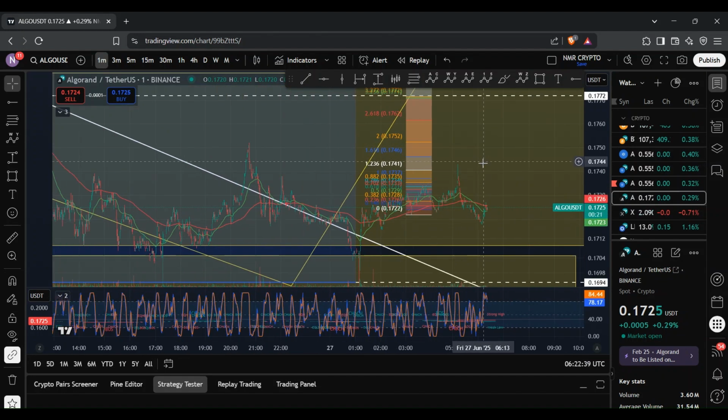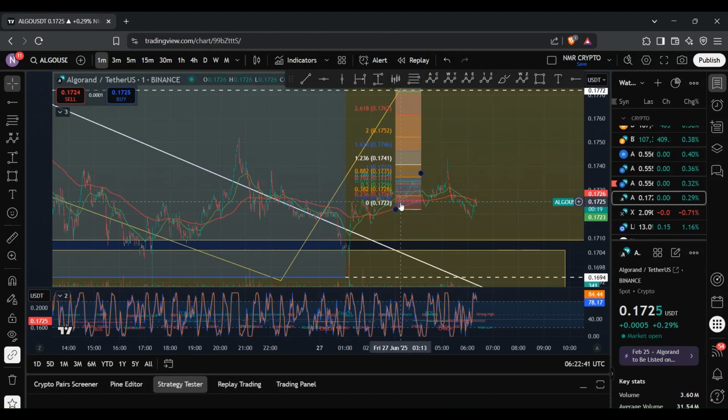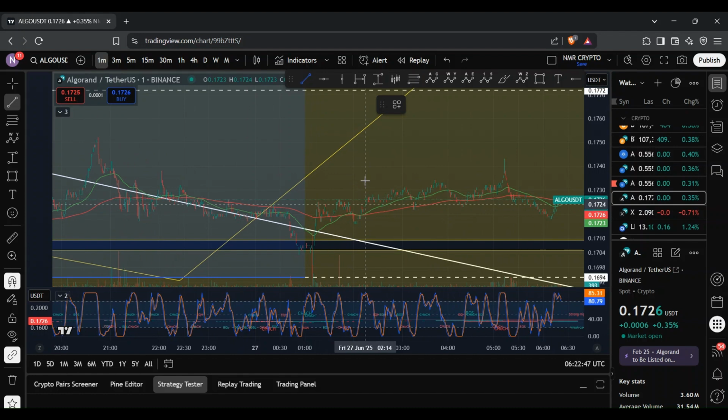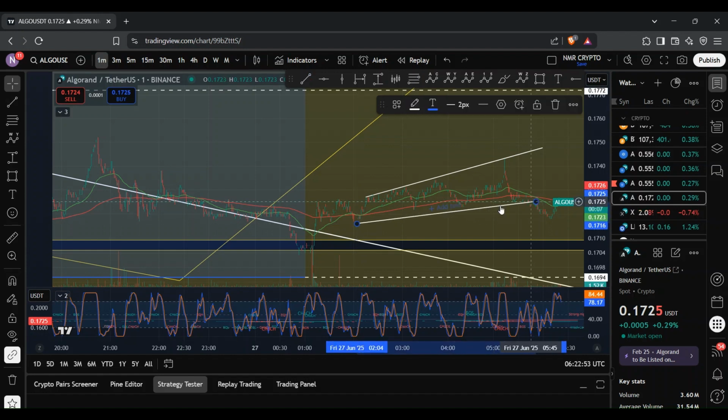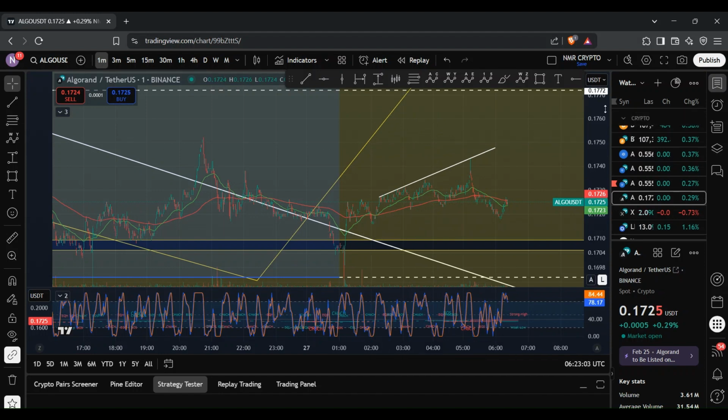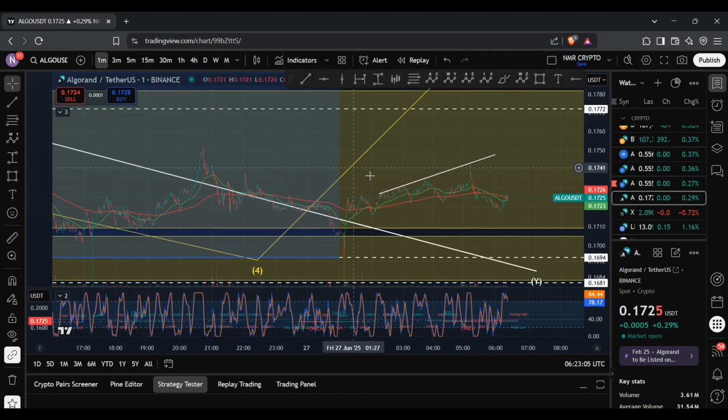And so this move is not an impulsive move, unless what we have is an ending diagonal. So if I very quickly draw in a trend line, yeah, this does actually meet the requirements for an ending diagonal. So yeah, we could potentially just have a corrective move that's in play right now.